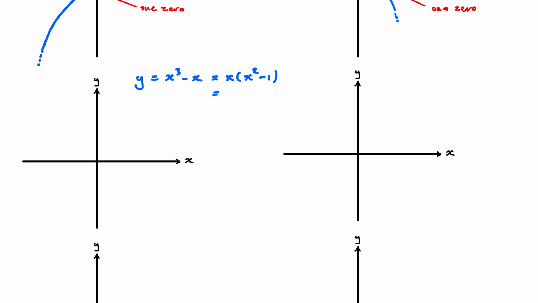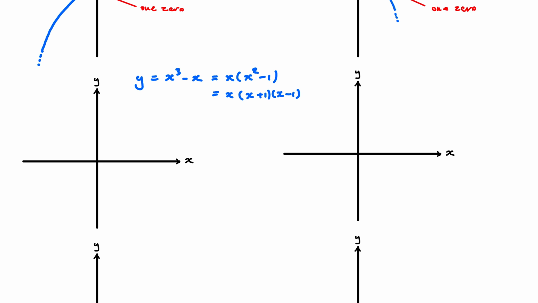We've done this factoring before, actually, in the early algebra videos, but it's x times (x plus 1) times (x minus 1). Okay, so it factors out like that. So that tells me it's going to have 3 zeros, 1 at 0, 1 at minus 1, and 1 at 1. And also you can notice it's an odd function because all the powers are odd. It's 3 and 1 for the powers.